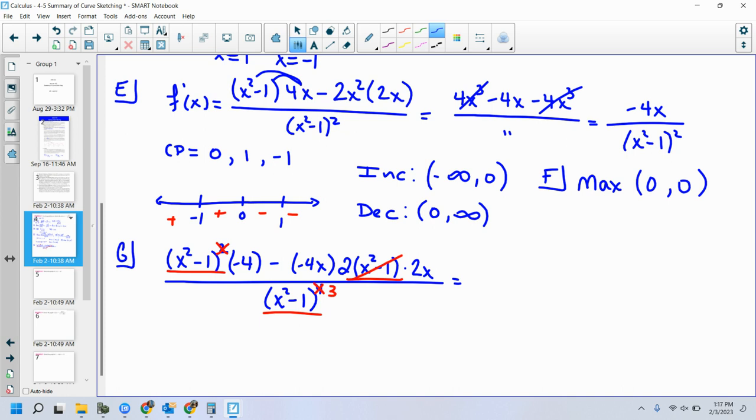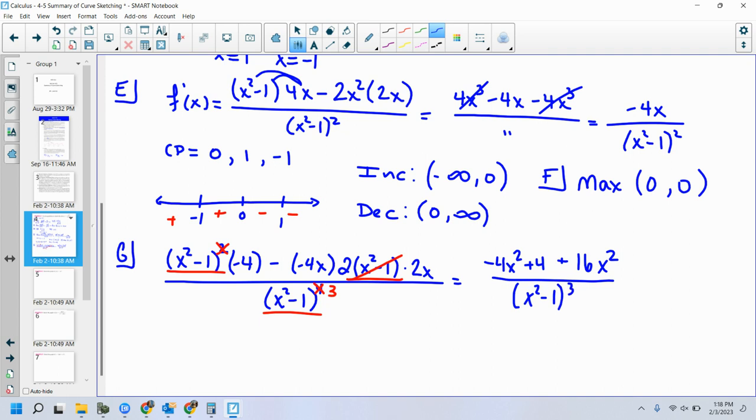It's going to be, especially when doing f double prime. So on the left side, that gives me a negative 4x squared plus 4 when I distribute the negative 4 in. Here, those double negatives will turn positive, and that's going to be a 4 times 2 times 2, 16. X times x is x squared. All divided by x squared minus 1 cubed.